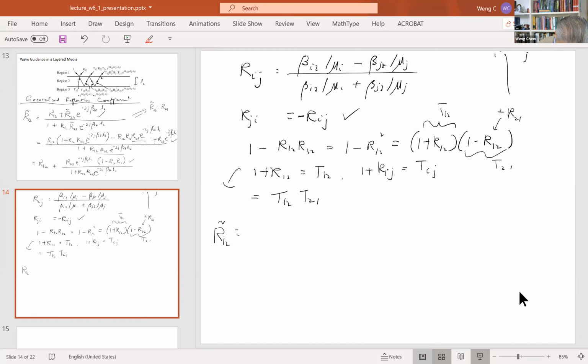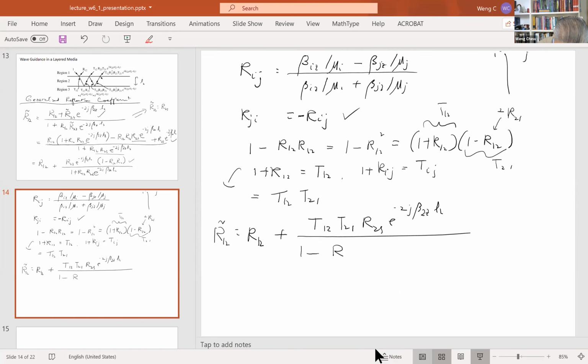R12 tilde is just a simple local reflection coefficient R12 plus T12 T21 R23 e to the minus 2j beta 2z L2 divided by the denominator 1 minus R21 R23 e to the minus 2j beta 2z L2.